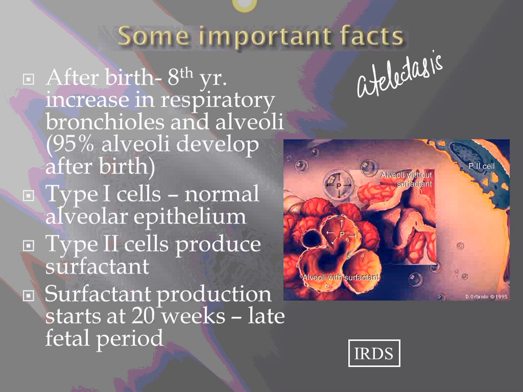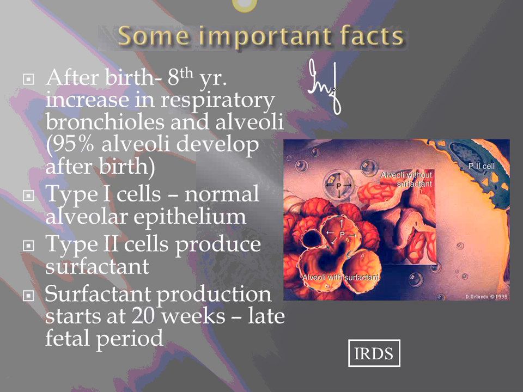Now, if nothing is done, no help is given to the children, what will happen? Their alveoli will be collapsed. They will be in respiratory distress because if they are collapsed, they can't breathe in properly. So they suffer from something known as IRDS. And does anyone know what IRDS stands for?